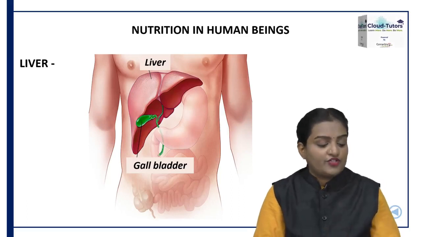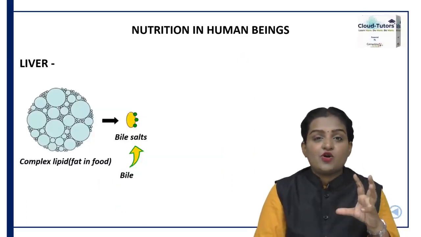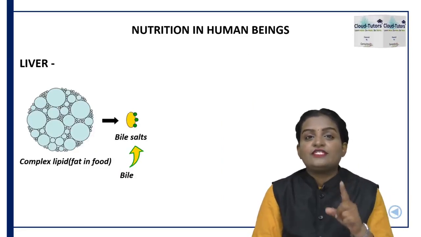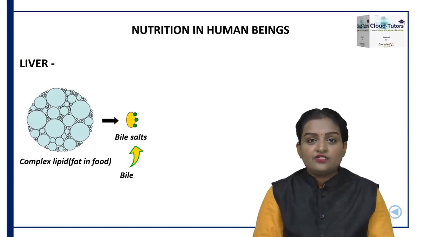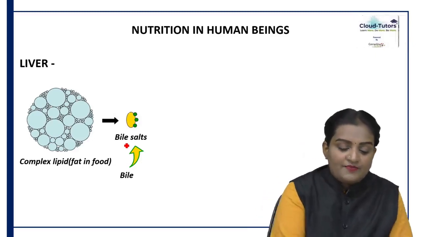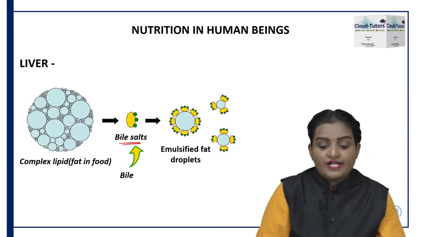How will bile function? Bile has bile salts. So we know that fat molecules are hydrophobic, that is, they will not mix well with water. So they form a clump and they are very difficult to digest because the surface area will be very large. So our bile salts will go and bind onto the fat molecules.